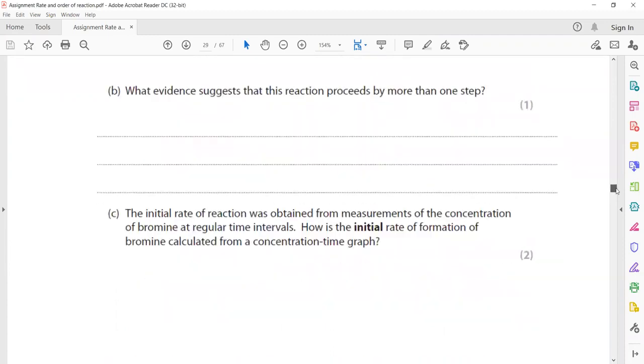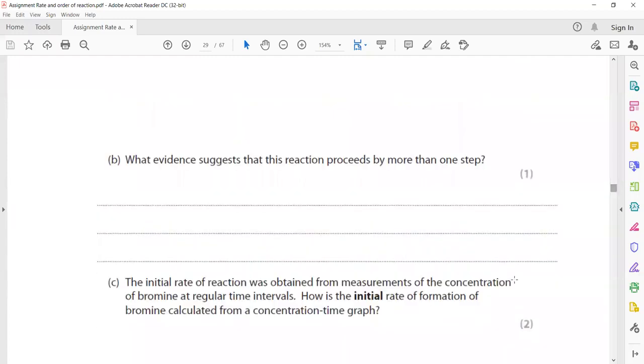Then what evidence suggests that this reaction proceeds in more than one step? So what is the evidence that this reaction might proceed in more than one step? As you can see, there are a lot of particles, like 4 particles overall.